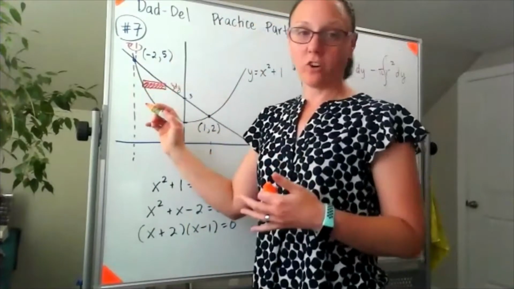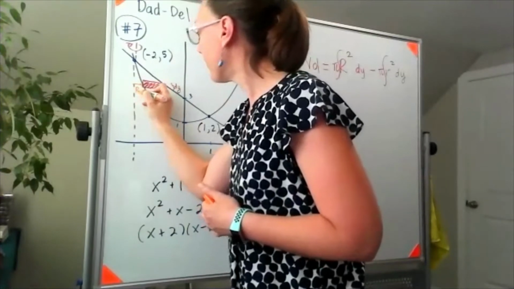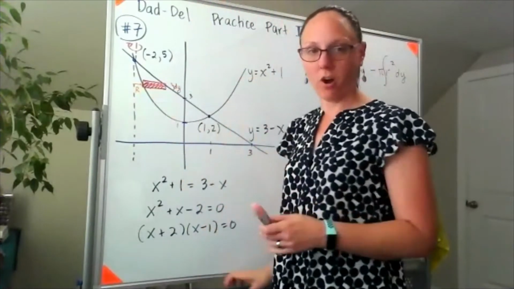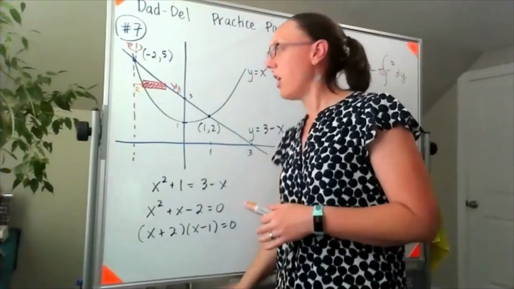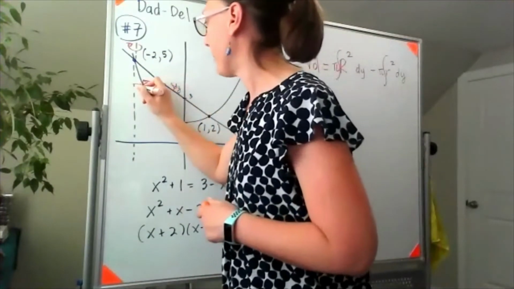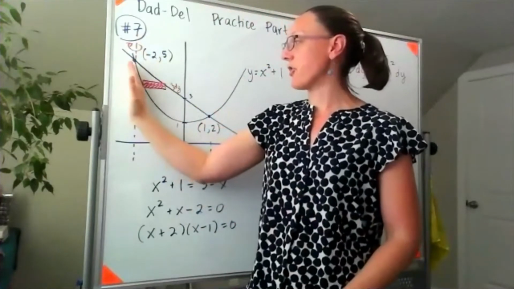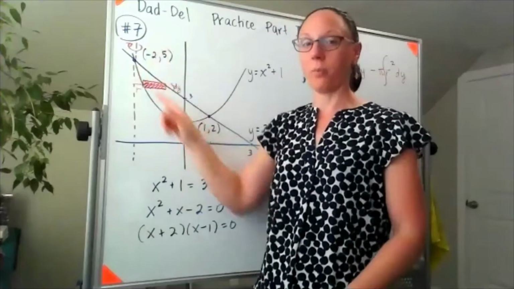That means that our inner radius, oh, I used a big R, but I really meant to use a little r. Our inner radius there is the distance between x equals -2 and our parabola curve.